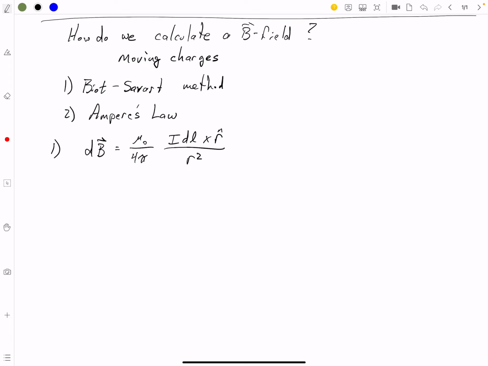Let's talk a little bit about this mu naught over 4 pi. Mu naught is the permeability of free space or vacuum.